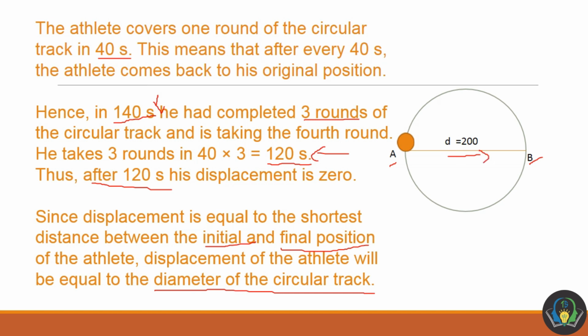So how much will be the net displacement? The net displacement will be 200 meters, since A to B is the shortest path. I hope this particular concept is clear.